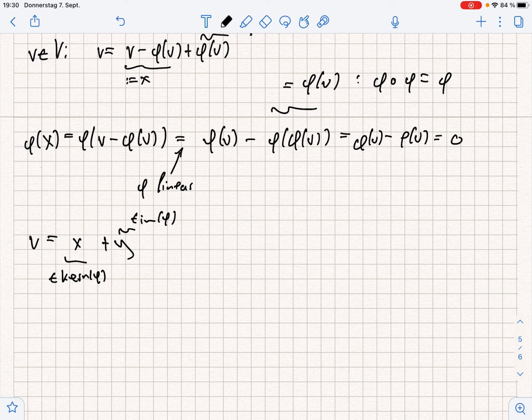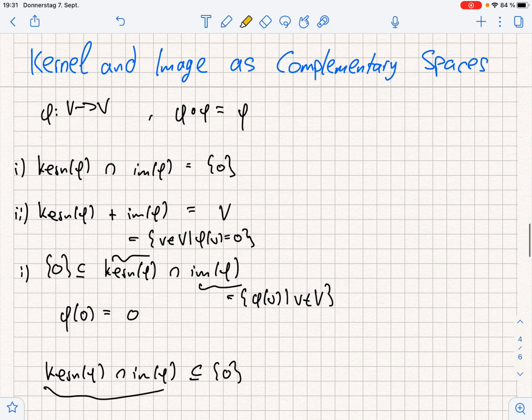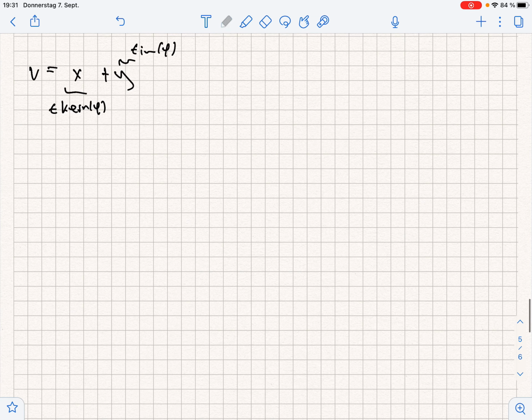And to show you that there are functions which fulfill this property, which are not simply the identity, meaning that phi of x is equal to x, consider for instance the matrix A being 1, 0 and 0, 0.